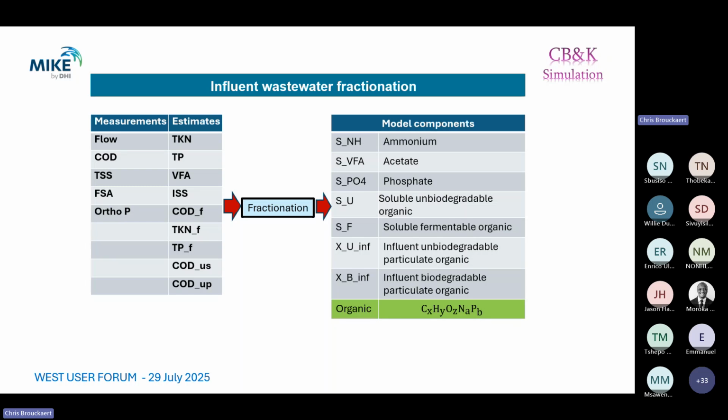So not connected to the measurements in a fixed scheme, but adjustable to take into account whatever information is available. So we have measurements. From those, we can calculate estimates by a simple proportional scheme, and then we fractionate those into model components. So that's the objective.